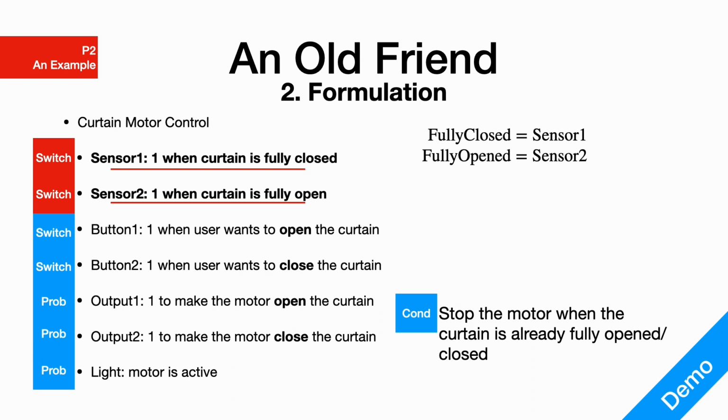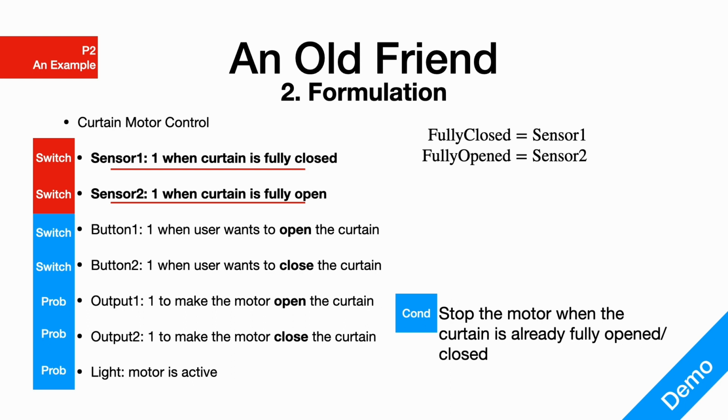Next, let's tackle one of the easier examples, the light. The light is going to be on when either motor is active. So either motor will be output 1 and output 2. If either output 1 or output 2 is giving out a positive signal, then the light should also be positive.